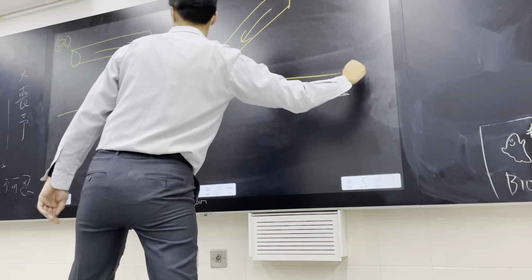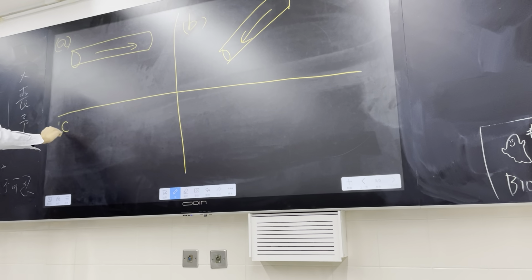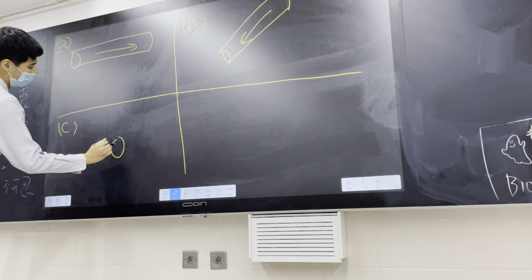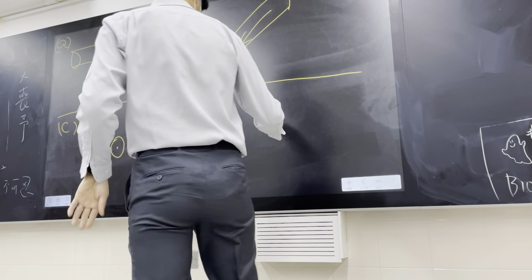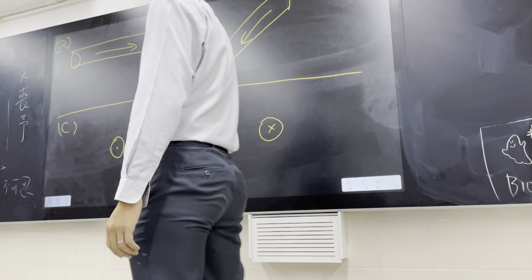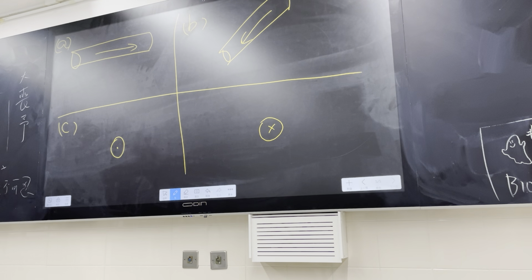If you have a wire coming out, what's the magnetic field around it? If you have a wire pointing in, what's the magnetic field around it? So I give you 2 minutes to draw the magnetic fields.